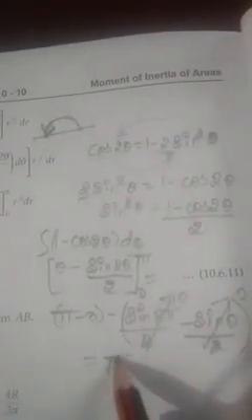Finally, pi minus 0, the total answer is pi. So the whole term is reduced from this limit 0 to pi, the whole term reduces to pi.